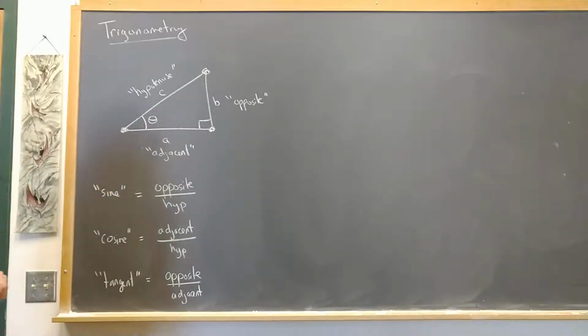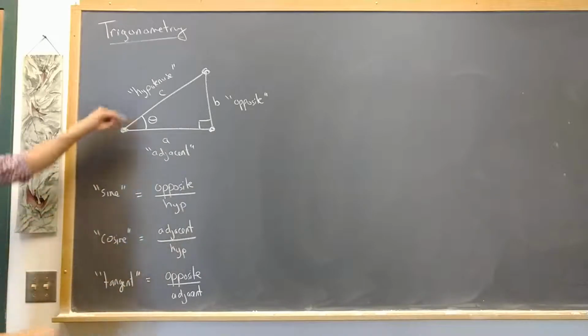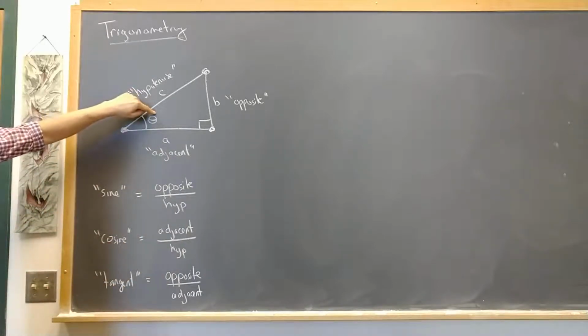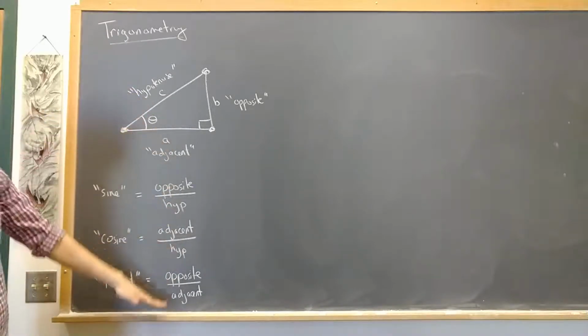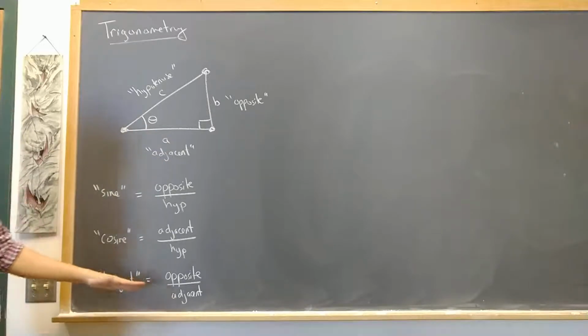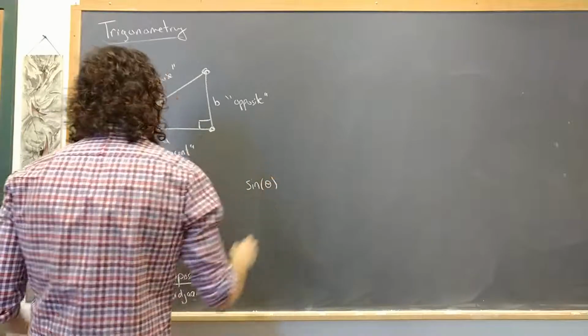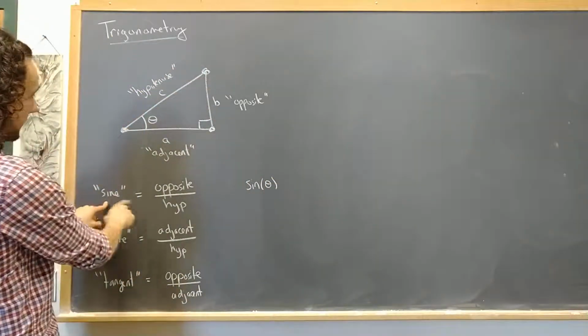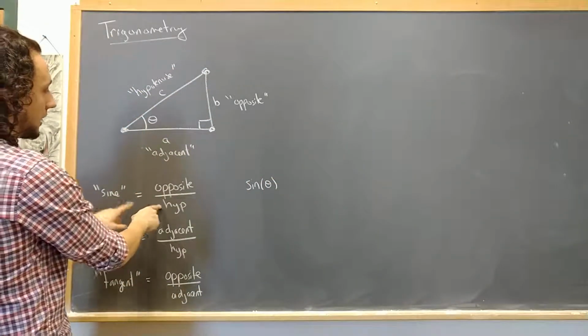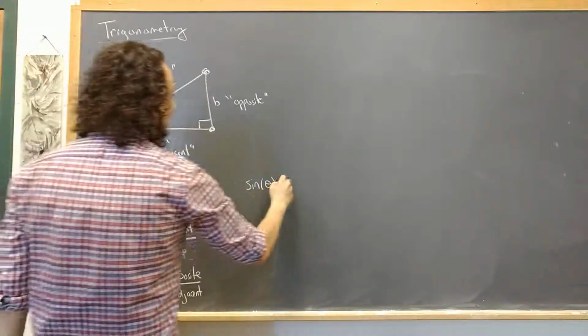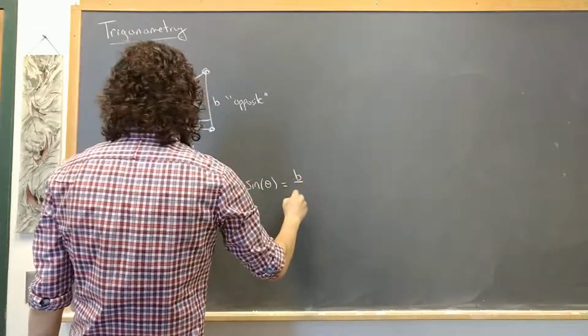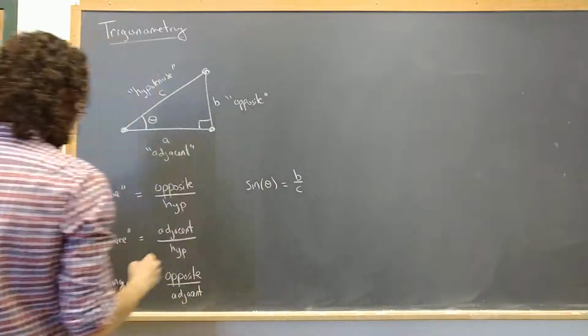What do I mean by this? The idea is that the angle theta is determining these ratios. Right? So we can write it like a function. I write sine of theta, and I look at this picture, and I know that sine is supposed to be opposite over hypotenuse. So sine of theta in this picture is going to be b divided by c.